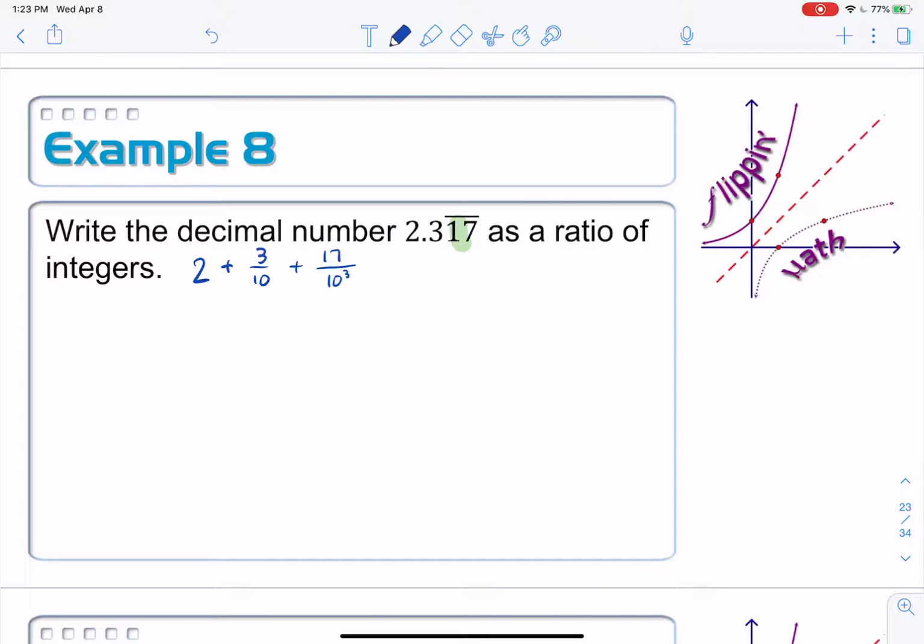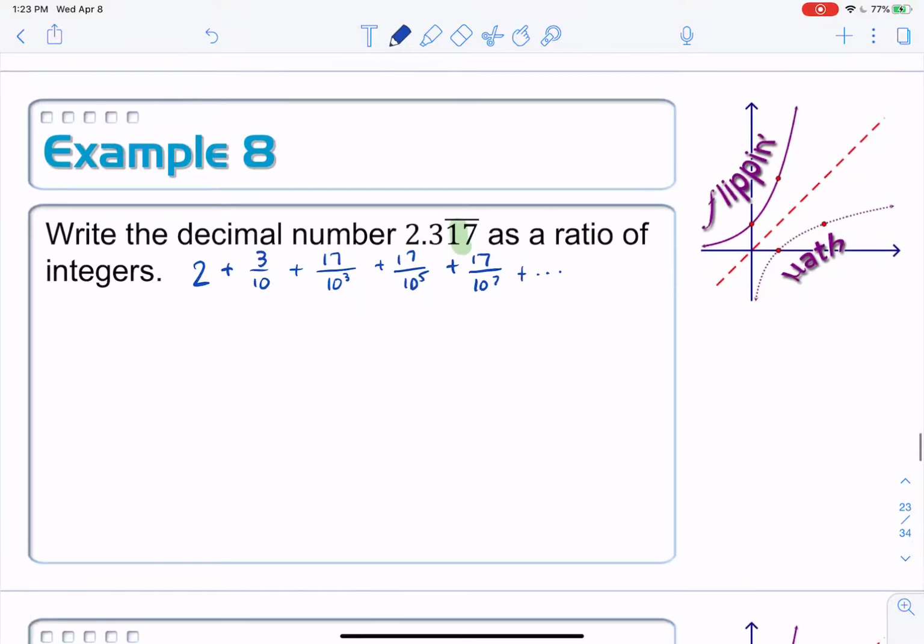And then I would have another 17 here, and I would need to move that decimal place over 2 more places, so that's going to be 10 to the fifth on the bottom. Then I'd have another 17 over 10 to the seventh, and so on, right? I think that's enough terms to be able to see that it's definitely an infinite series. And it's actually a geometric series, as we're about to see.